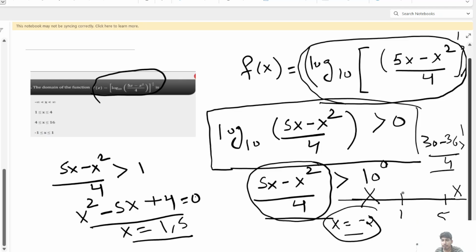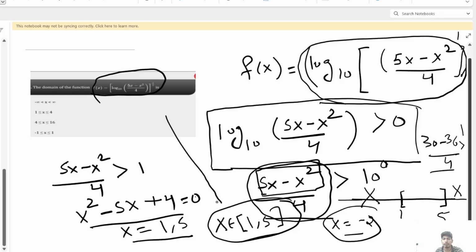It implies when x is between 1 and 5, this value is greater than 1. So x belongs to 1 to 5 is the domain of this function.